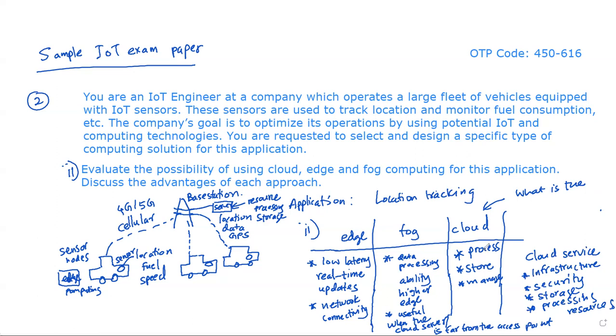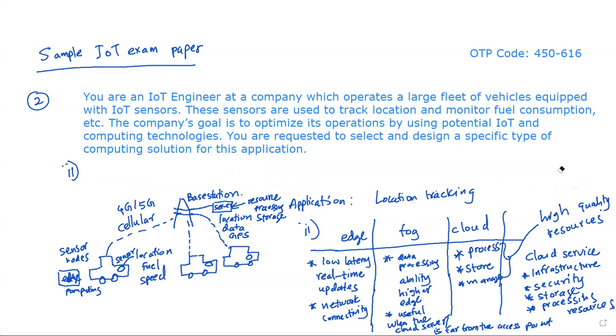So the cloud computing is able to process the data, store the data, and manage the data very reliably using the high amount of resources that they have. So in cloud computing, we have high quality resources, and therefore we are able to process the large amounts of data that we have in our IoT network.